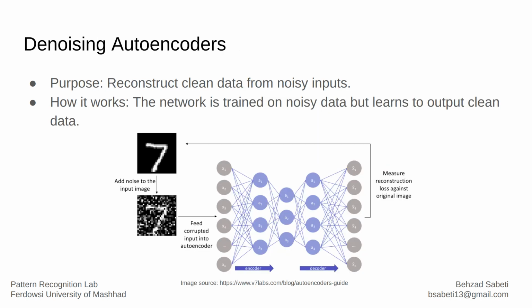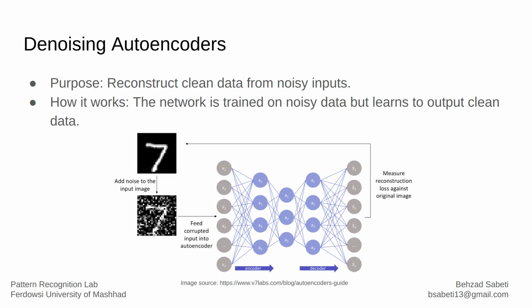So first one, denoising autoencoders. These are trained to clean up noisy data. For example, if you have a blurry or noisy image, a denoising autoencoder can remove the noise and reconstruct the clean image.